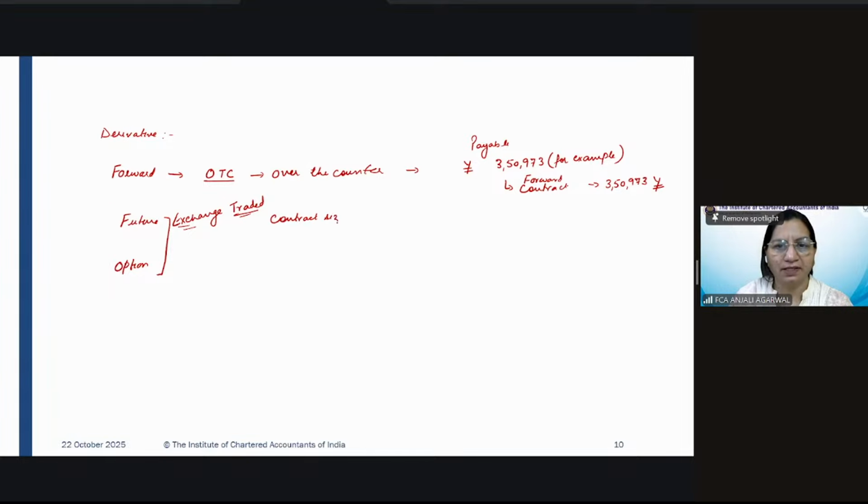Things would be standardized. So let's say the contract size is 50,000 yen in futures. So you get yen futures, how many? 50,000 per contract. And how many yen futures do you need? 3,50,973. And when you divide by 50,000, you will end up getting some 7 point something number of contracts.